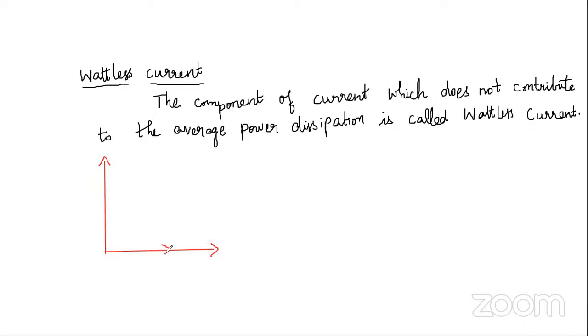The total current IRMS is along the x-axis, and the RMS value of EMF, ERMS, is oriented like this, and you have a phase difference of phi.